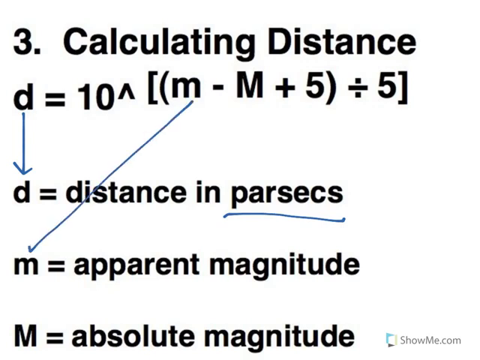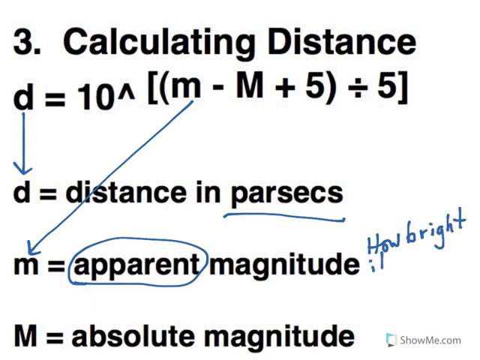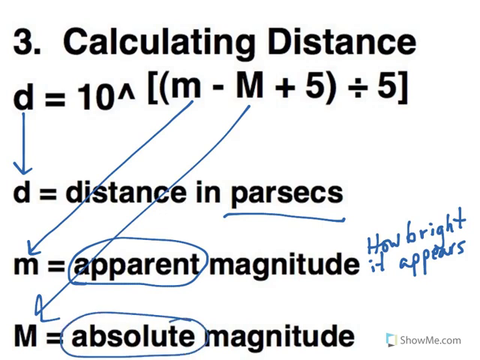Little m, that's our apparent magnitude, how bright it appears to be. So that's the one that we get by just looking up in the sky. And then big M is our absolute magnitude. And that's the one that's so tricky.